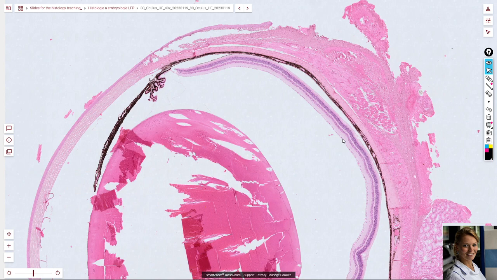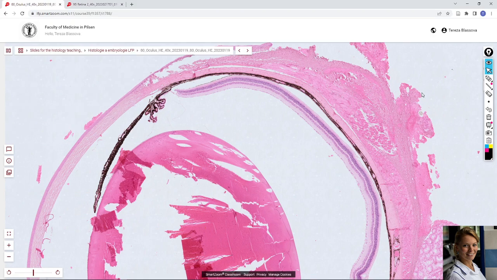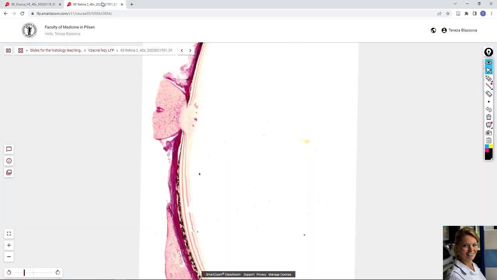And I show you another slide which contains another structure. This is the slide where we can see the optic nerve disc here. This is an area without photoreceptor cells where optic nerves exit the eyeball while central retinal vessels enter.